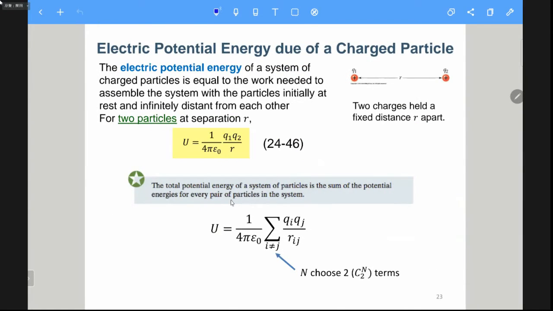Okay, next we will introduce another variable called the electric potential energy. It is a property of a system. The electric potential energy of a system of charged particles is equal to the work needed to assemble the system with the particles initially at rest and infinitely distant from each other.